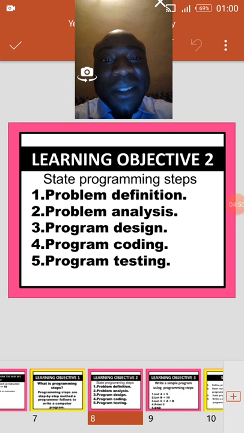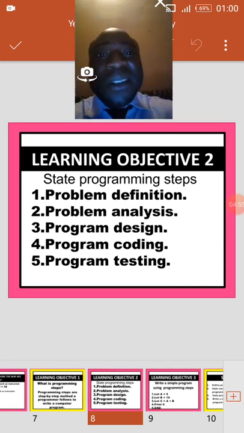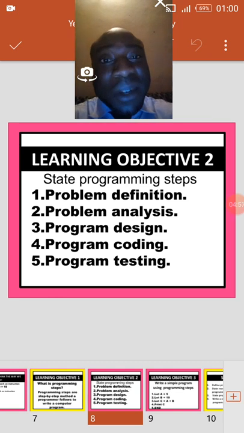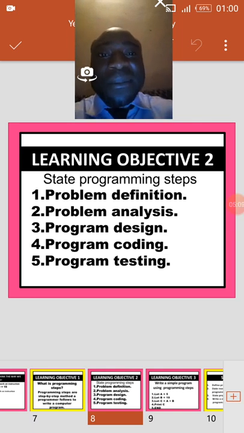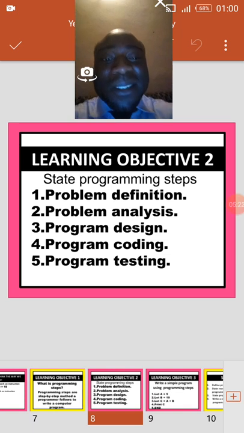Then the fourth one is program coding. This is where a programmer uses a programming language like BASIC, Pascal, COBOL, Java to write instruction for the computer. The last one is program testing. After writing the program, a programmer needs to test the program to know whether it will work or not.